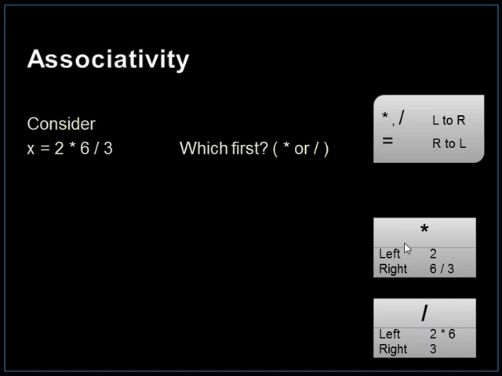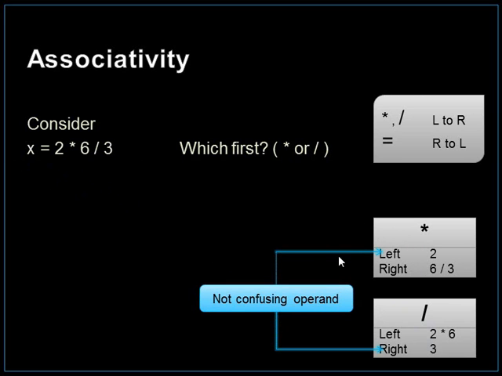Now if you look at it carefully, which operand does not have confusion? The left operand of the multiplication is not confusing because it's a constant. No operation needs to be done. And for the division operator, the right operand is not confusing.